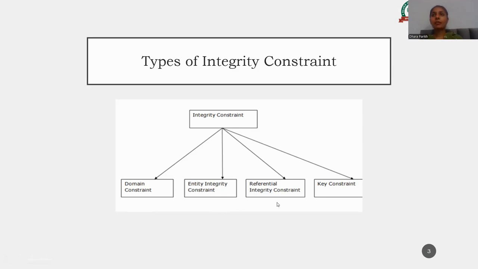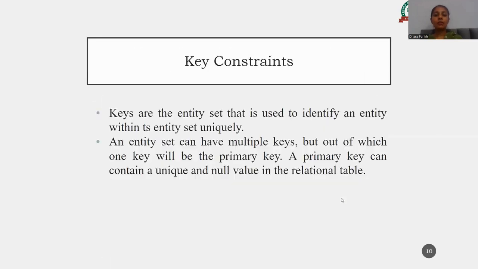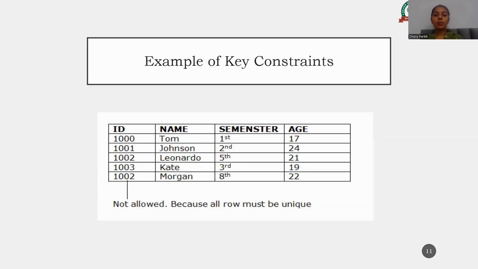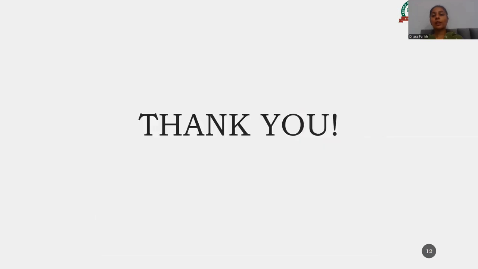Referential integrity refers to the primary key and foreign key concept. And the key constraint means a primary key should not be repeated; it should be unique data. So we now know about all four types of key and integrity constraints. Okay, thank you.